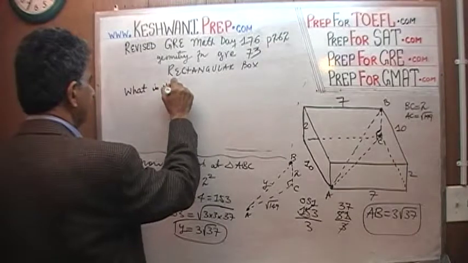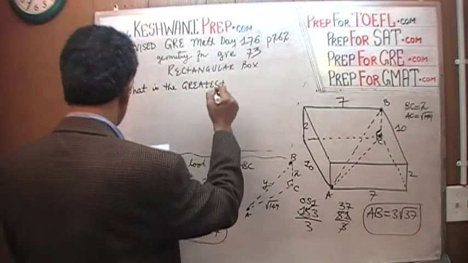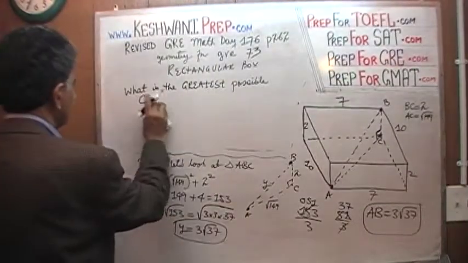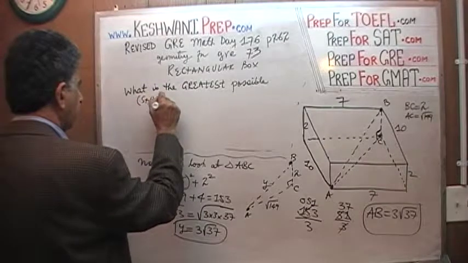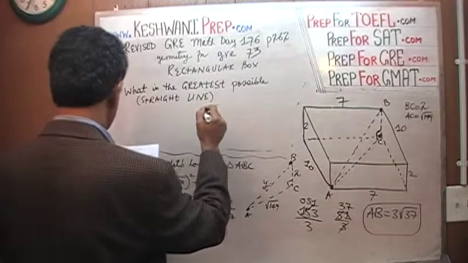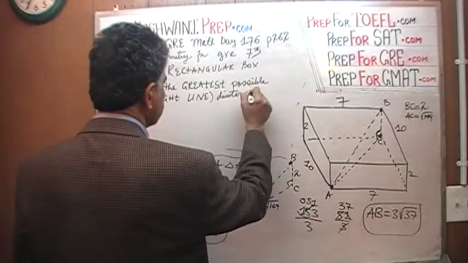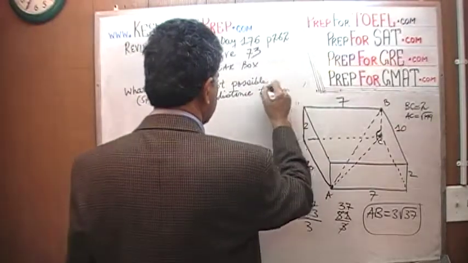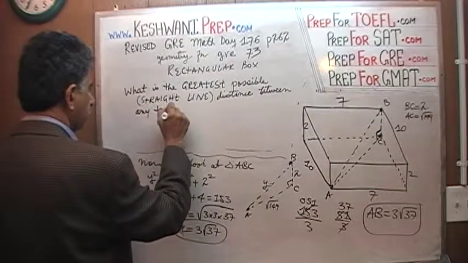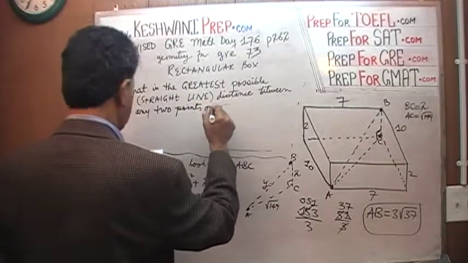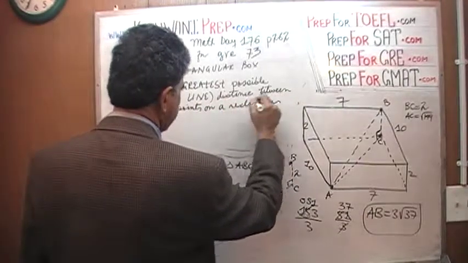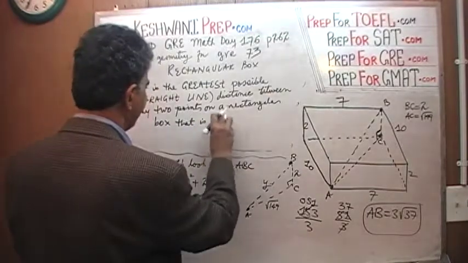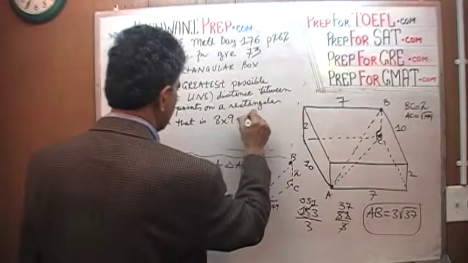What is the greatest possible straight line distance between any 2 points on a rectangular box that is 8 by 9 by 12?